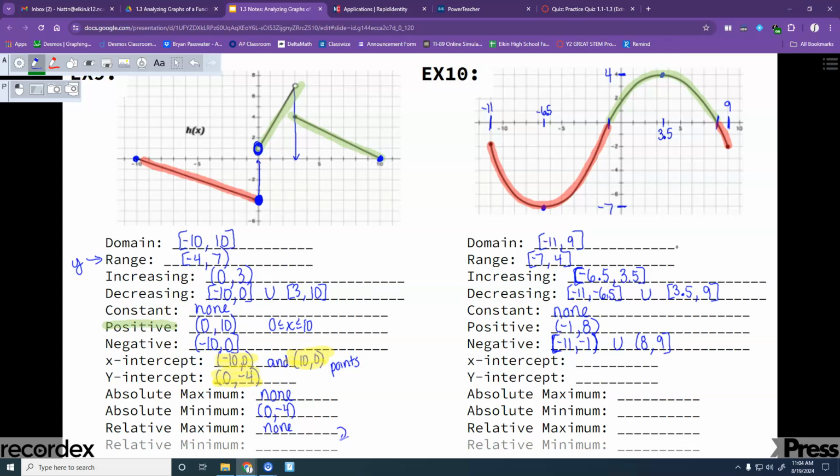Okay, questions so far? Okay, x-intercepts, I've got 2 of them. I had the x-axis here and here. So those would be the coordinates negative 1, 0, and 8, 0. Perfect. My y-intercept is right here. I know it's very, very small. On my graph, I think it looks like it's a little below 2.